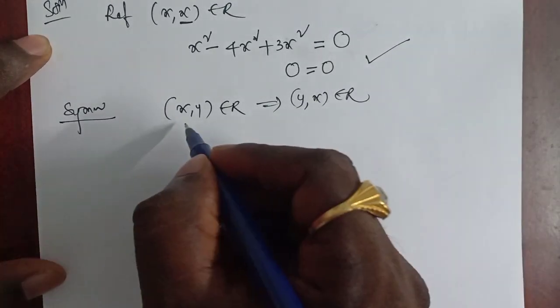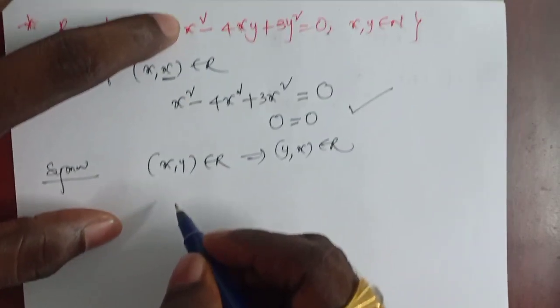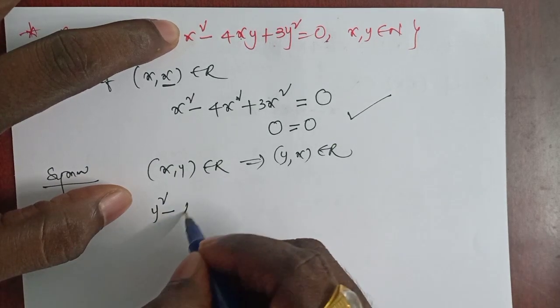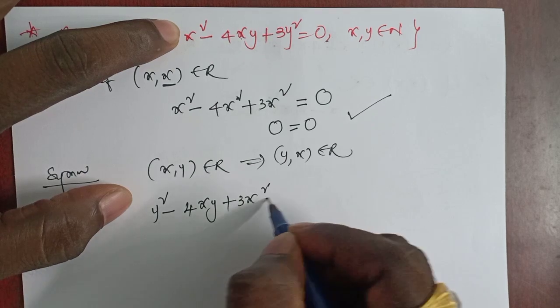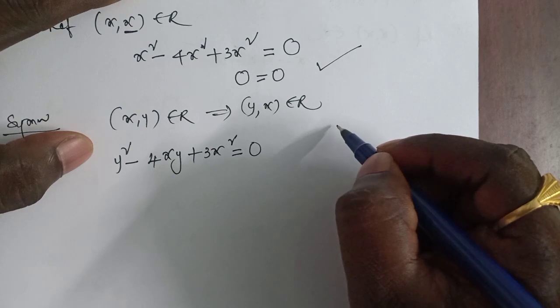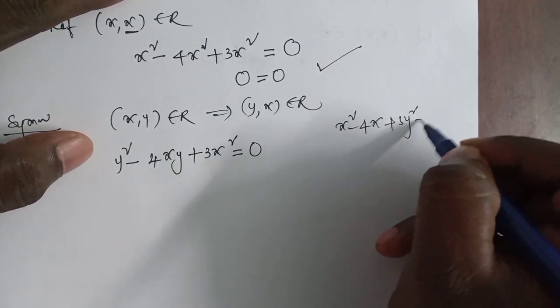So now interchange x with y and y with x, what we get from this? y square minus 4xy, no problem here, plus 3x square equal to 0. So what is our original equation? x square minus 4xy plus 3y square equal to 0.